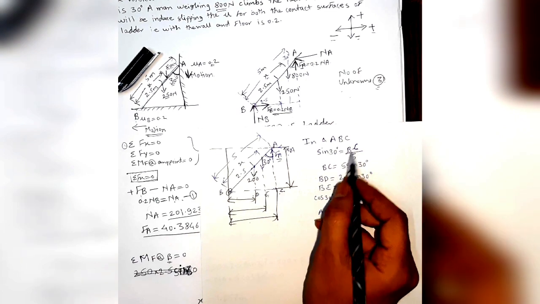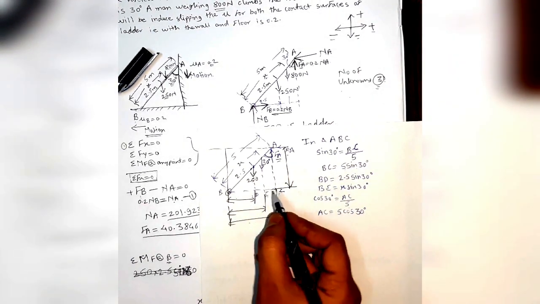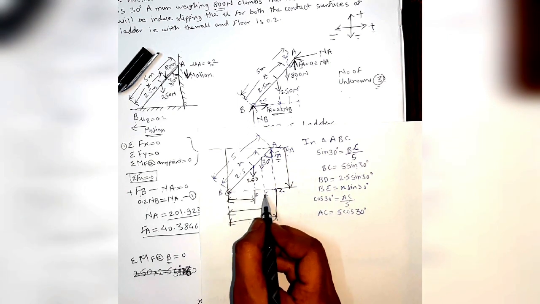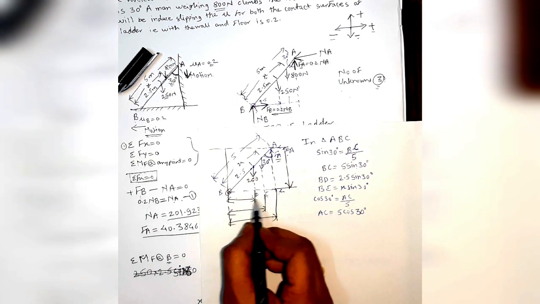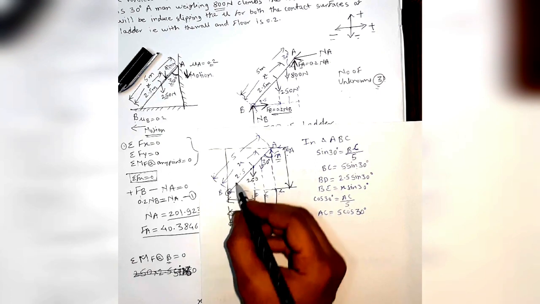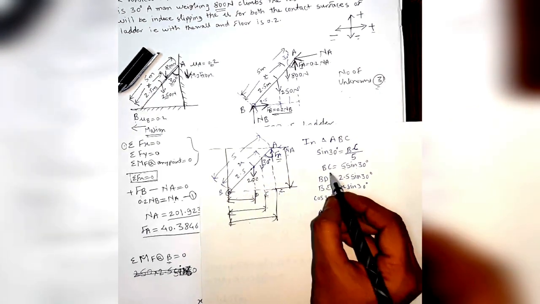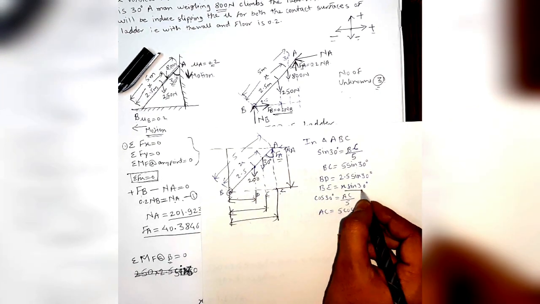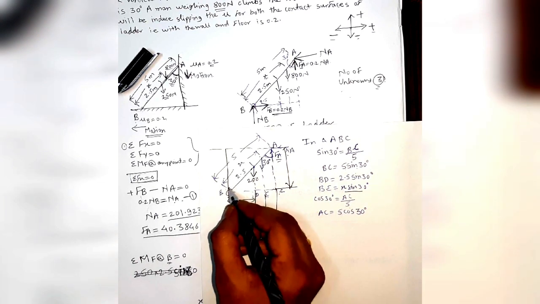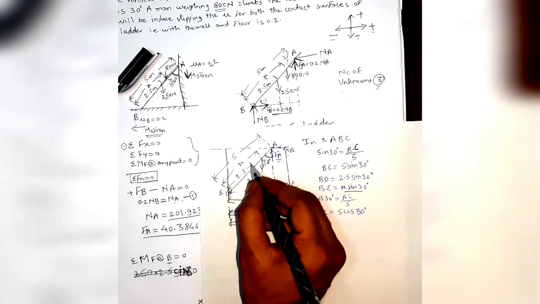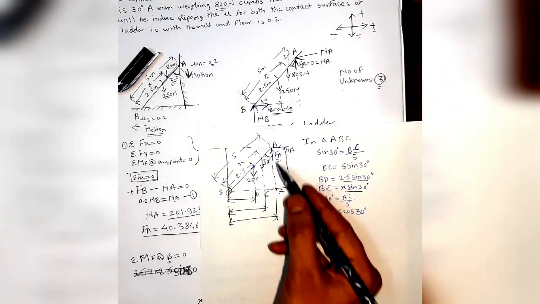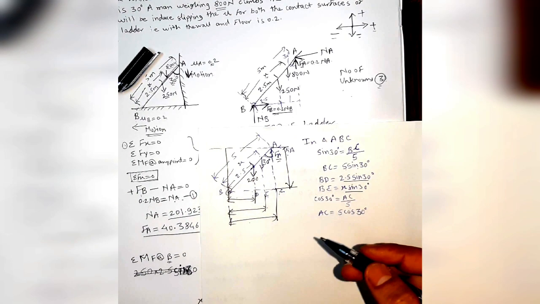So we can write BC is equal to 5 times sine 30 degrees. Similarly, for this length BE the hypotenuse will be x, so BE will be x sine 30, and for BD the hypotenuse will be 2.5, so length BD will be 2.5 times sine 30 degrees.